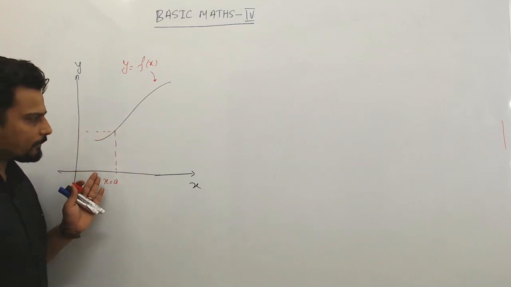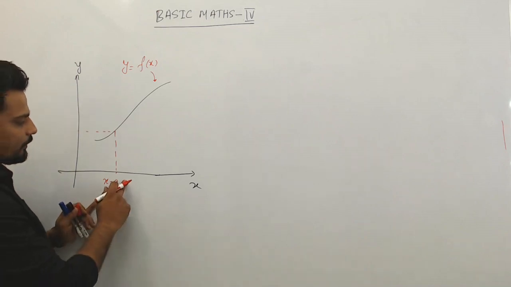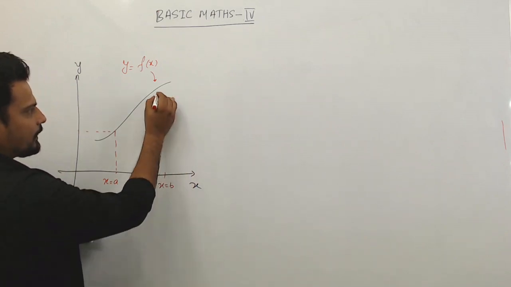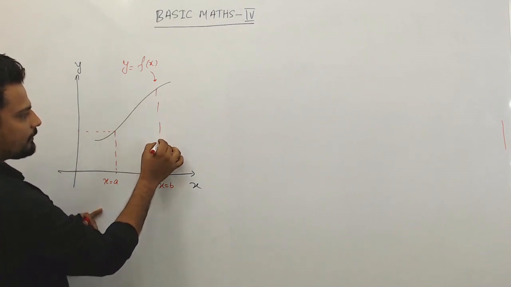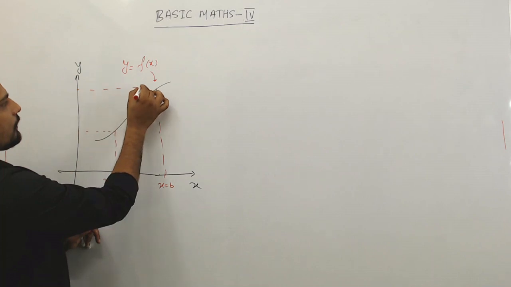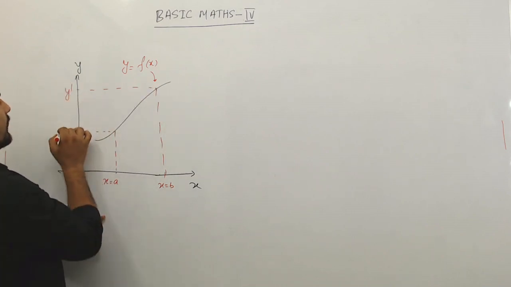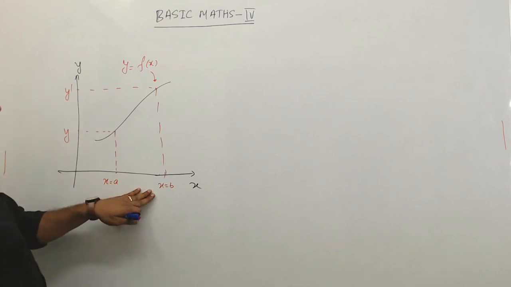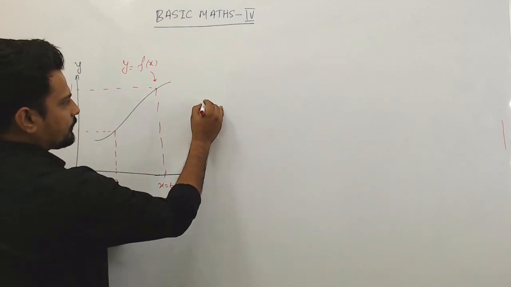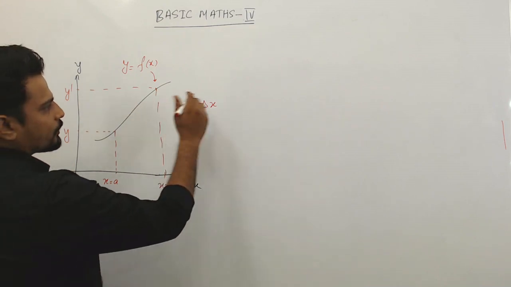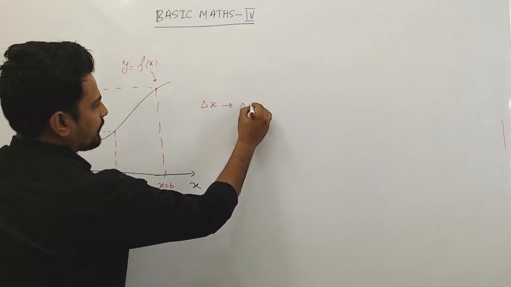If I move from this place to, let's suppose, x equals b over here, then for this particular value of x, I should be getting some value of y, let's suppose y dash, and this is your y. What is happening? With change in x, which I represent with delta x, I'm actually going through some change in y.